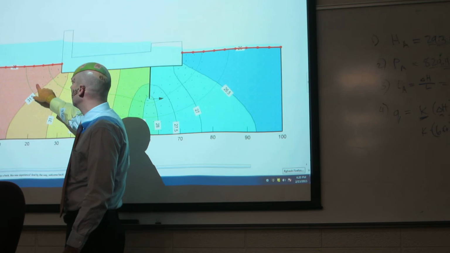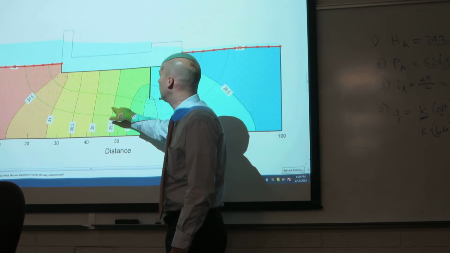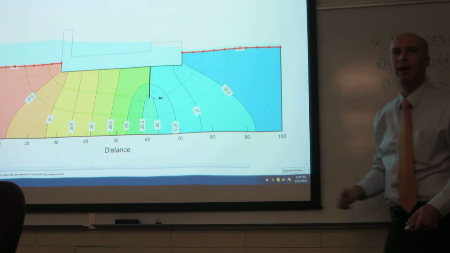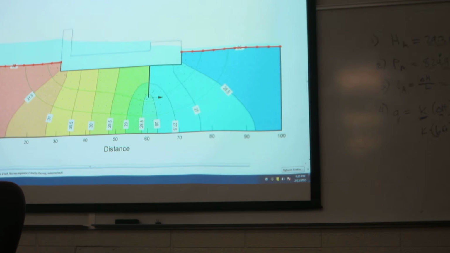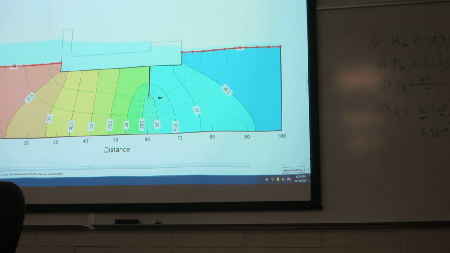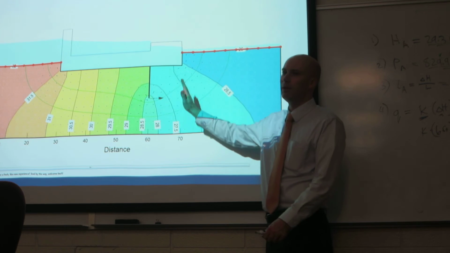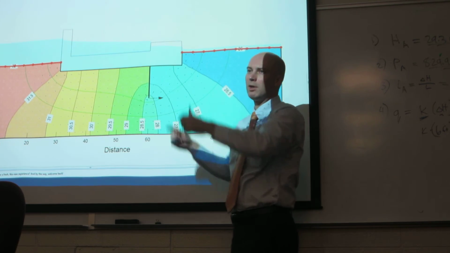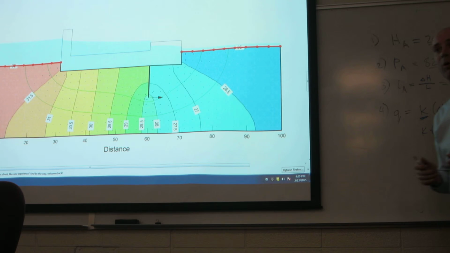It's going to travel 1, 2, 3, 4, 5, 6, 7, 8, 9, 10, 11, 12 to get to the end. 12 drops. And then you can do the math, and that would give you the flow for 1 unit length into the board. If we knew the width of this dam, then we could compute an actual flow in terms of volume per second.